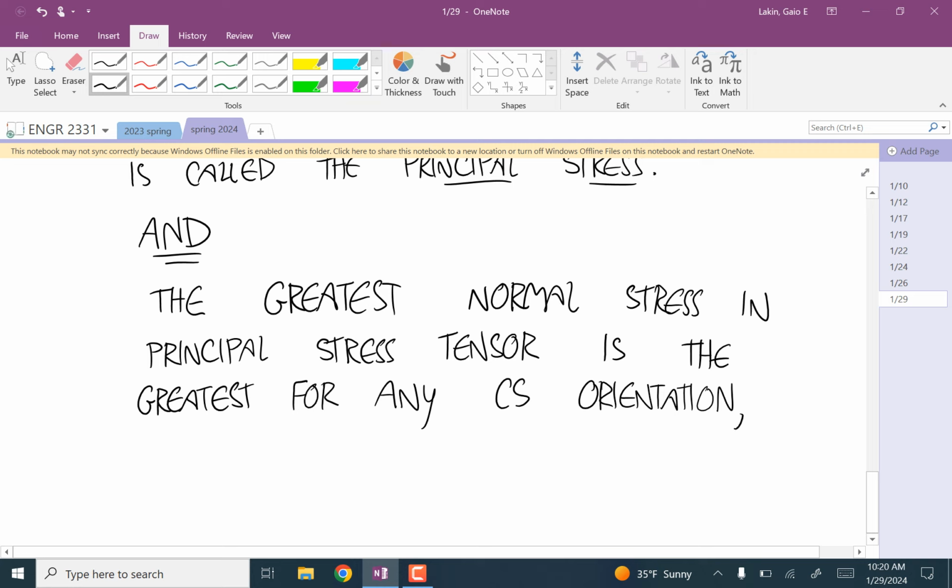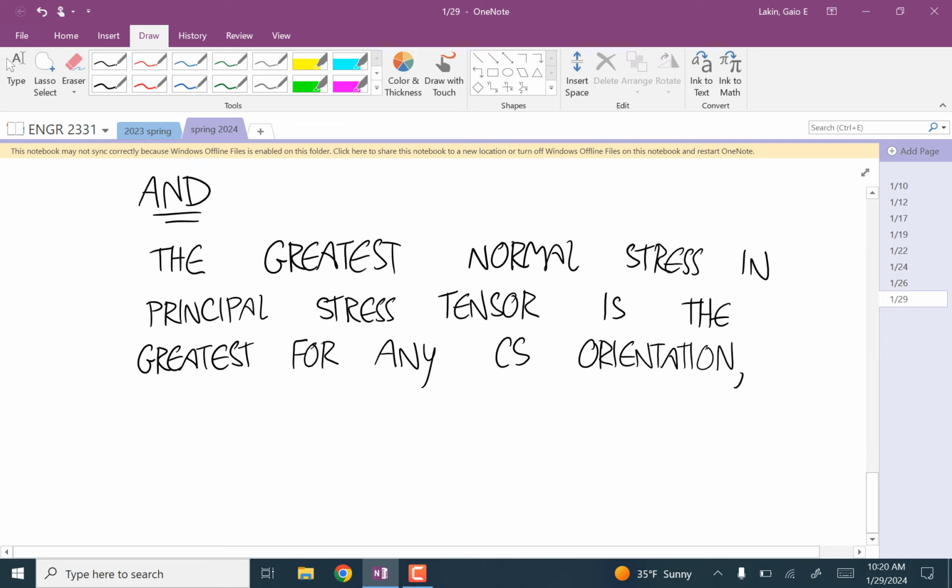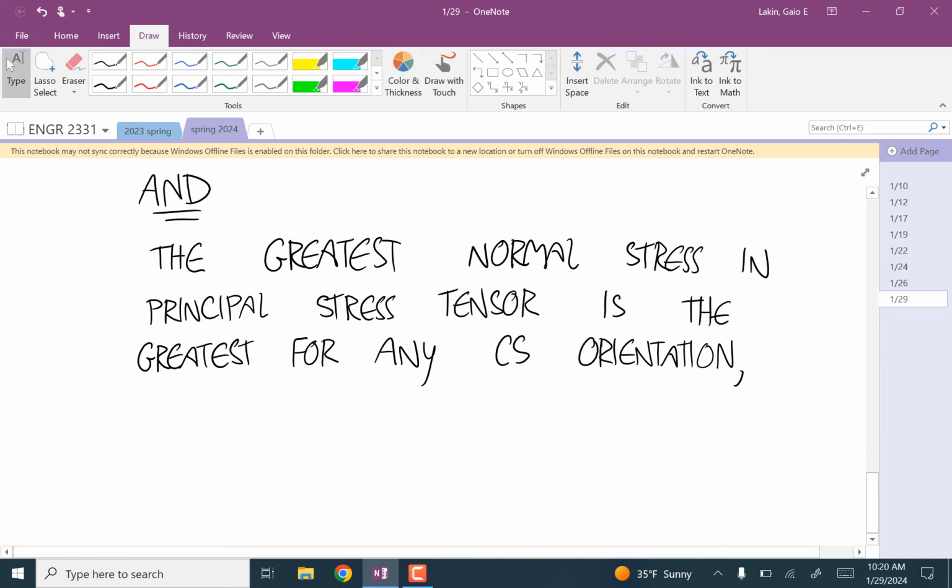You're like, no, don't even try to tell me this. I'm not ready for this. The minimum normal stress is the minimum you can find anywhere. And by greatest and minimum, I mean in the number line sense.